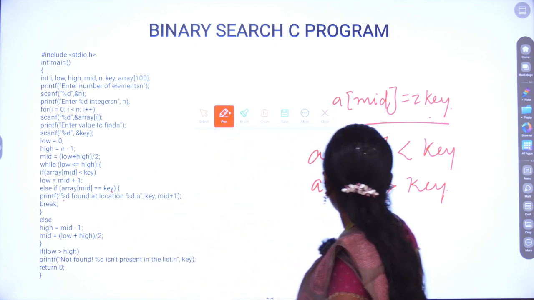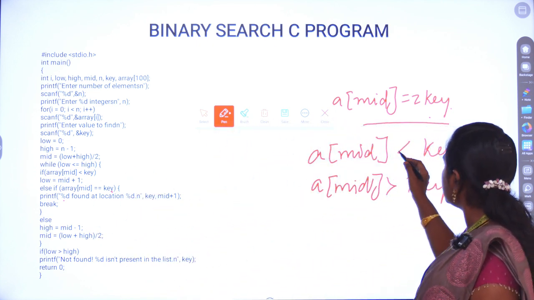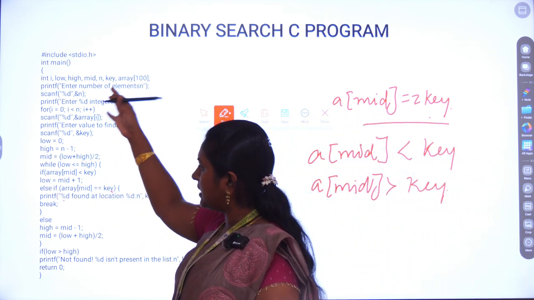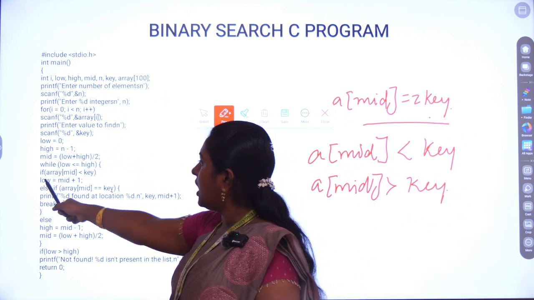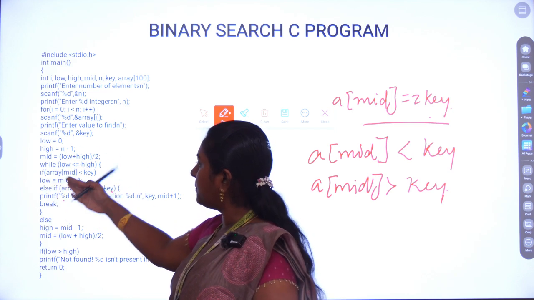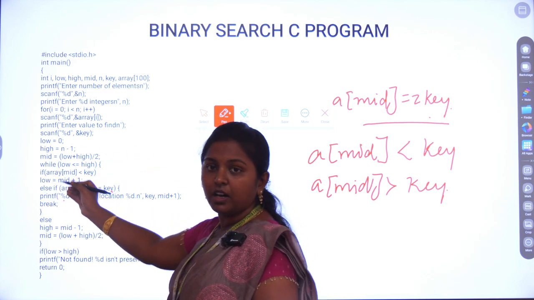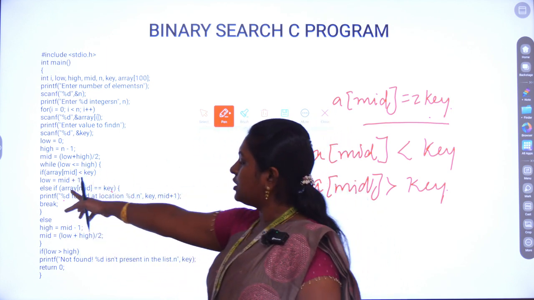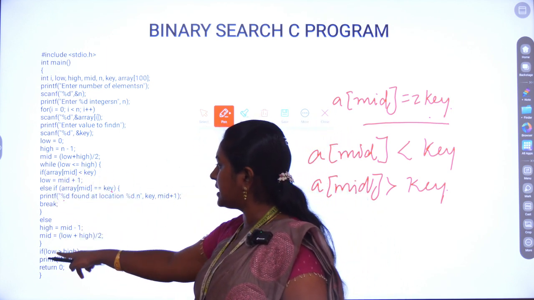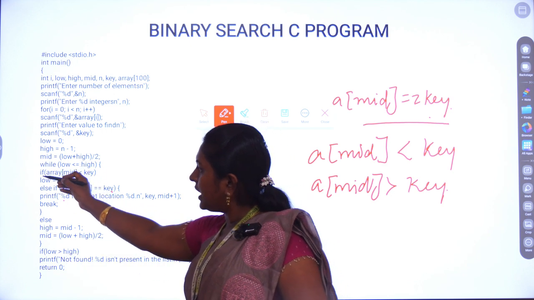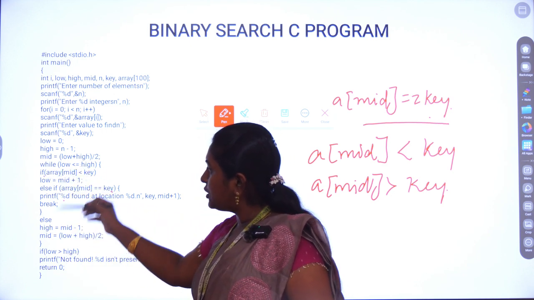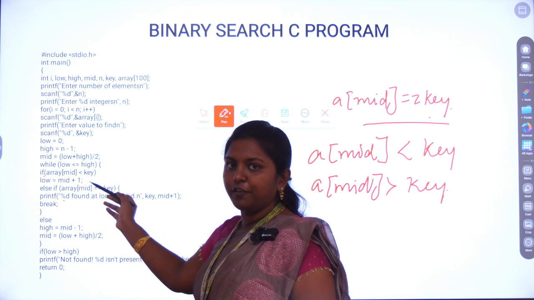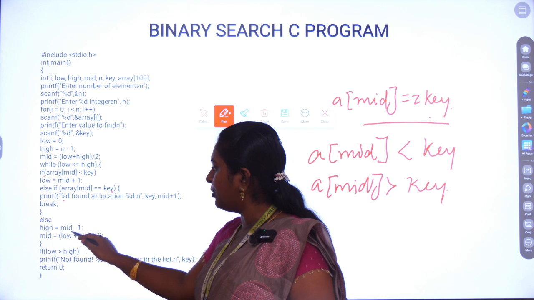Before that, if A of mid is less than key, then automatically the lower, left-hand side, should be taken to mid value, and we have to add 1 to it, and then the pointer starts there. So if the key is greater, here they have given an if and an else. The else is the opposite: if array of mid is greater than the key value, then high is equal to mid minus 1.